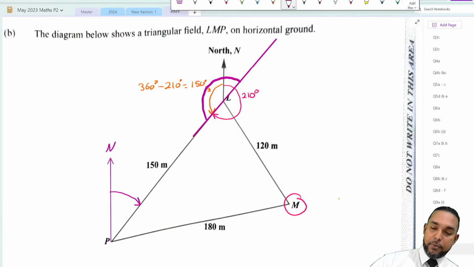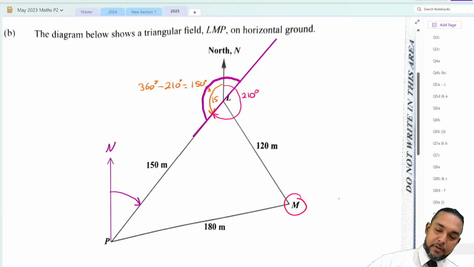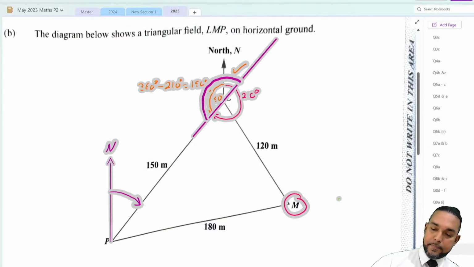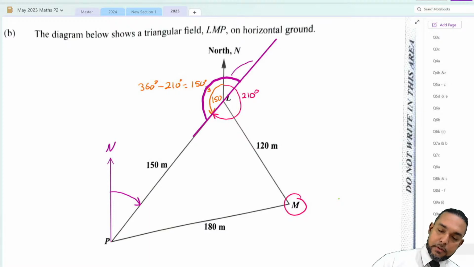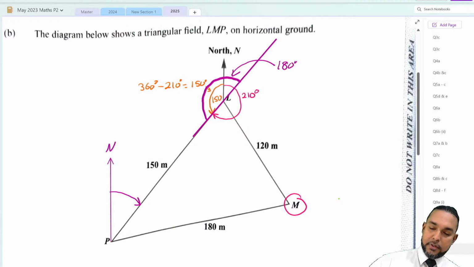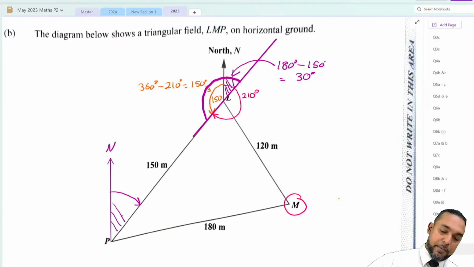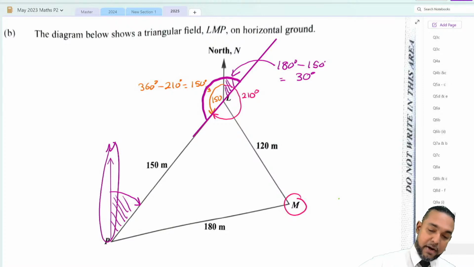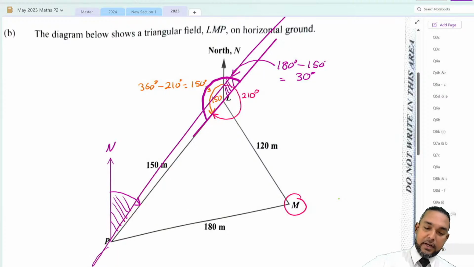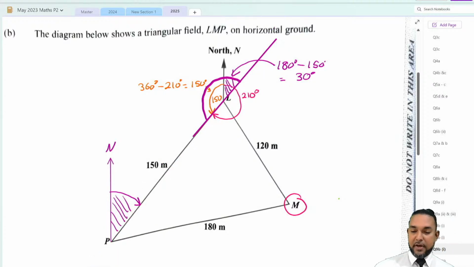If we have the orange portion being 150, the portion on this side here will be equal to 180 minus 150, which is 30 degrees. This angle here and this angle down here, the bearing one, are equal because of F angles. All north lines are parallel, so there are two parallel lines and a single line running through them, which creates the F angles.